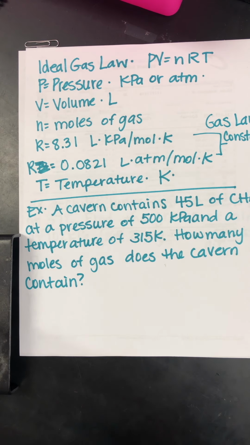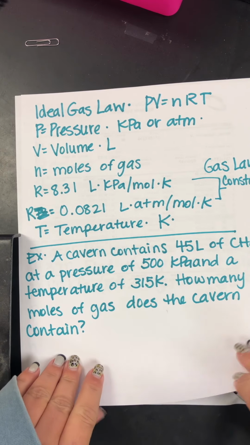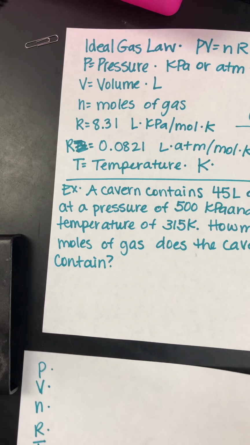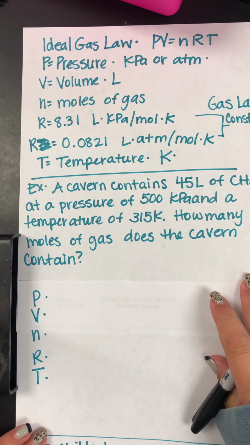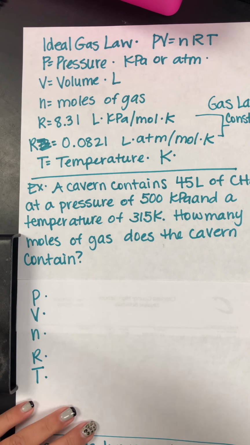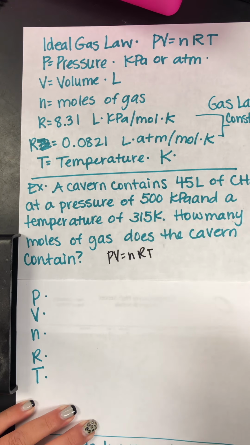So here's an example. It says a cavern contains 45 liters of CH4, which is methane gas, at a pressure of 500 kilopascals and a temperature of 315 K. How many moles of gas does the cavern contain? Since we're looking at the equation PV equals nRT, I need to pick out what I have.